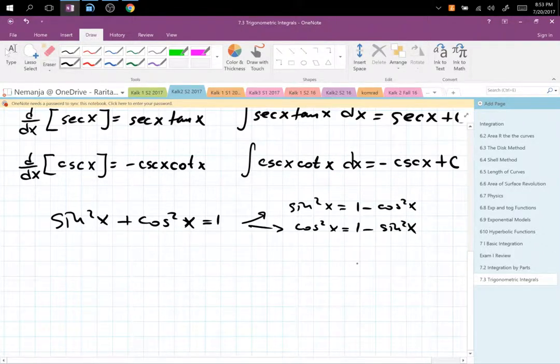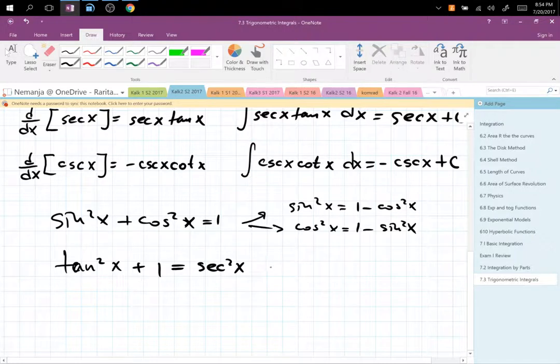If you divide through by cosine squared, you are going to get tangent squared x plus 1 is equal to secant squared x. Remember the pairing goes tangent, secant? Well, there it is.